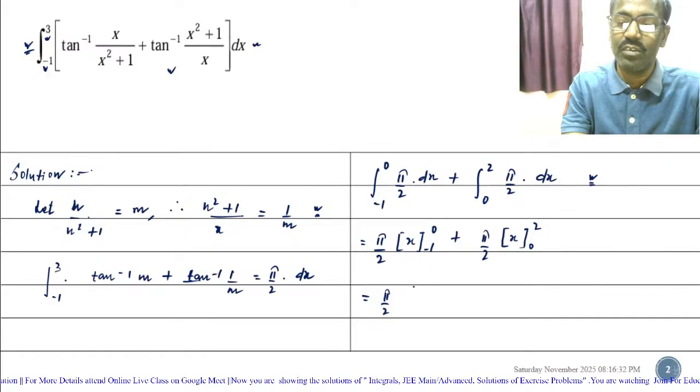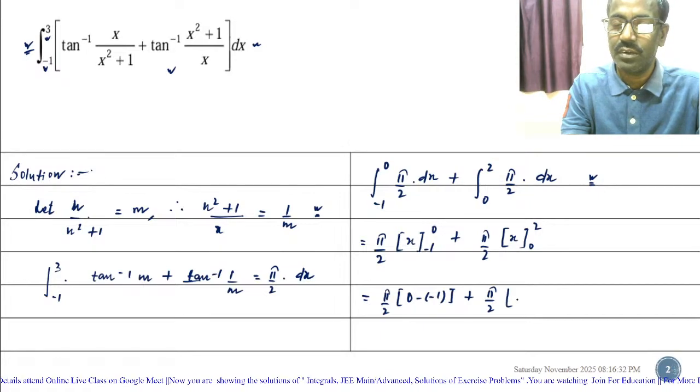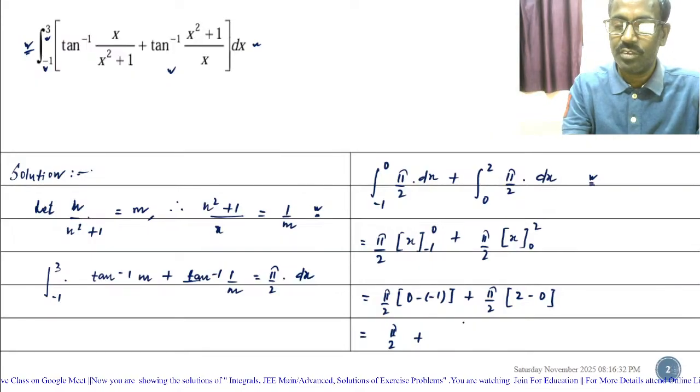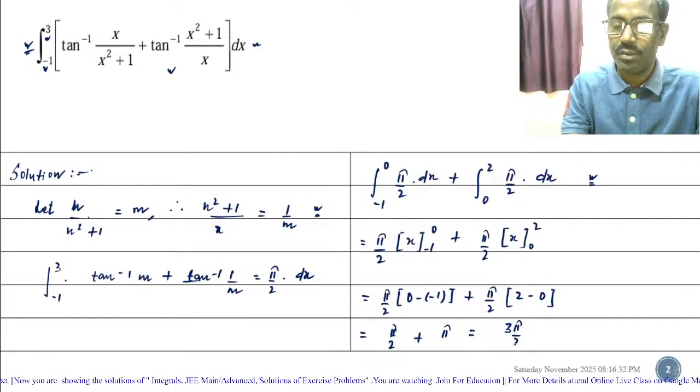So pi by 2 into 1 is pi by 2, and plus pi by 2 into 2 minus 0. We cancel out the 2s, then we get pi. So pi by 2 plus pi equals 3 pi by 2.